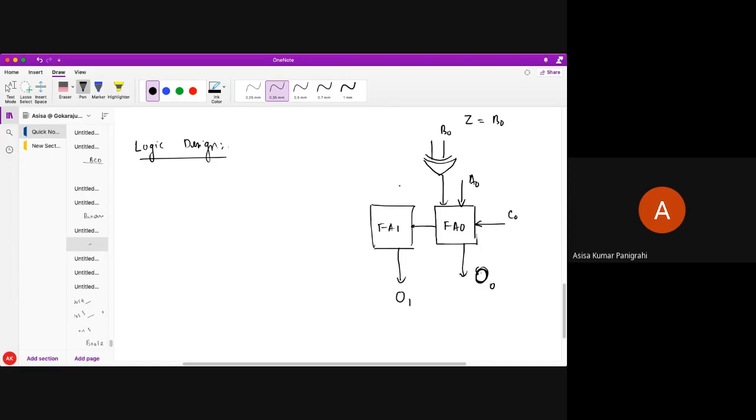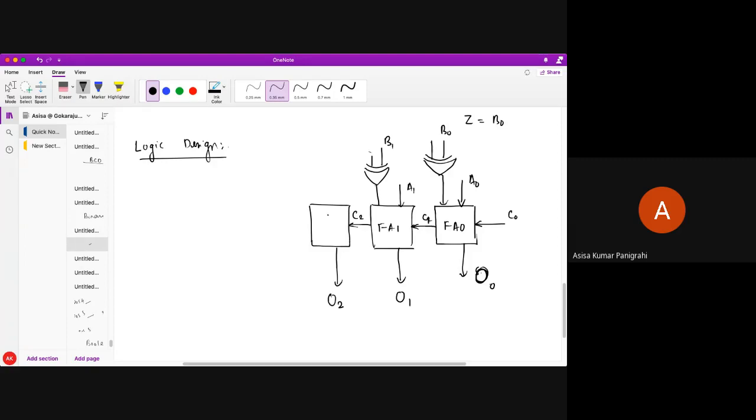It takes A1, and B1 will be taken through an XOR gate. Okay, this is my B1, but what I have not yet discussed is this input. Please try to understand this concept. This is my C2, sorry, C1, C2, and this will go to the next full adder. Since it's 4 bits, I need 4 full adders.